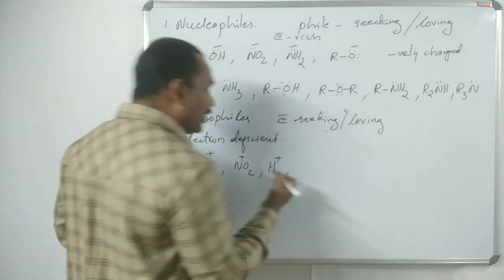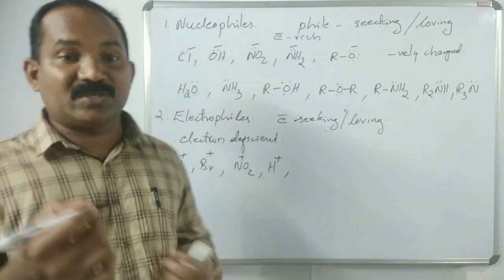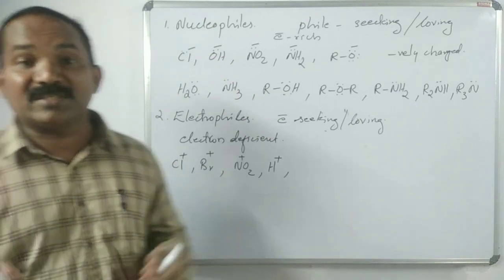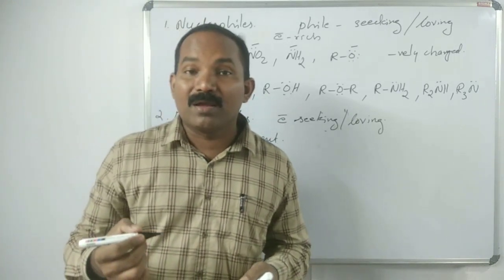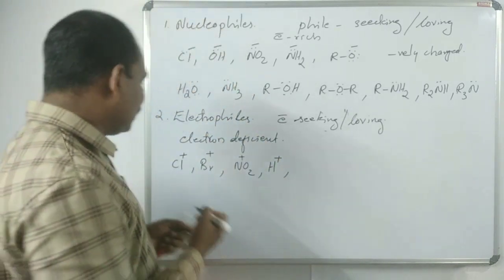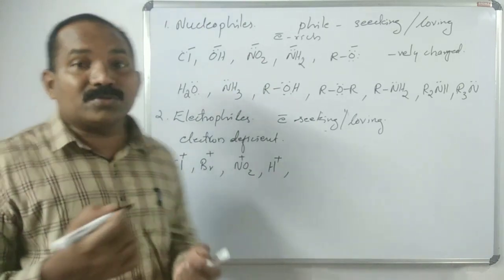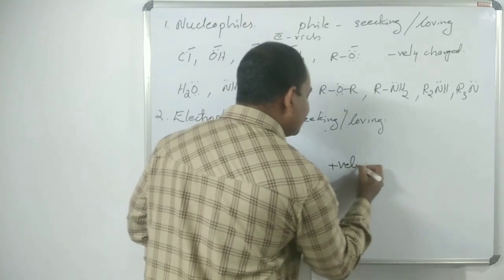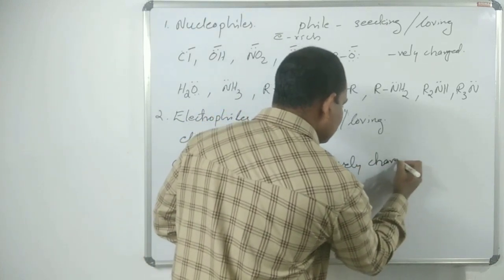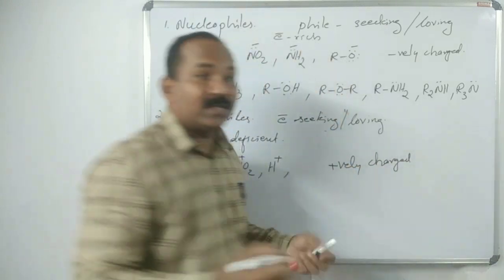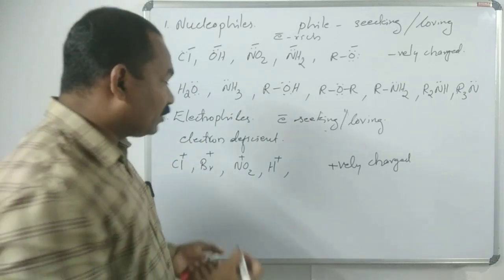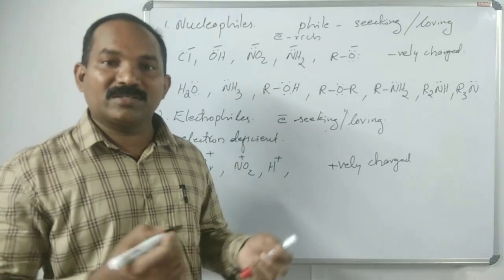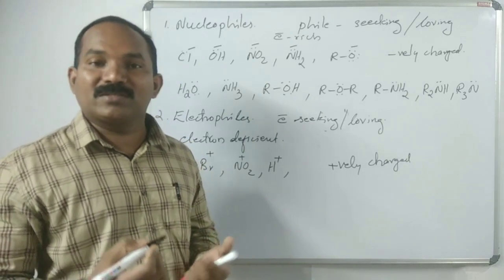Any positively charged species comes under the electrophiles. These are positively charged. SO3 plus is also an electrophile. H plus, Cl plus, Br plus, etc.